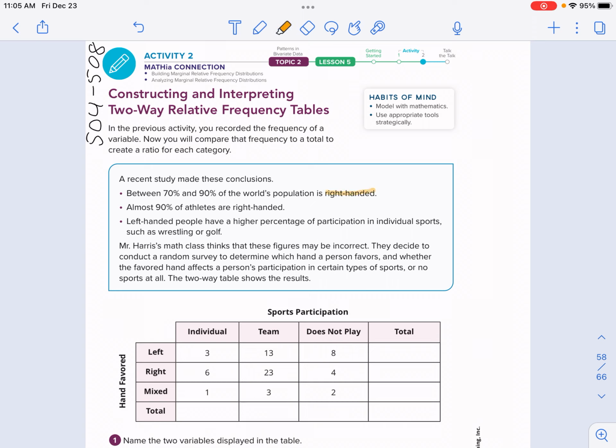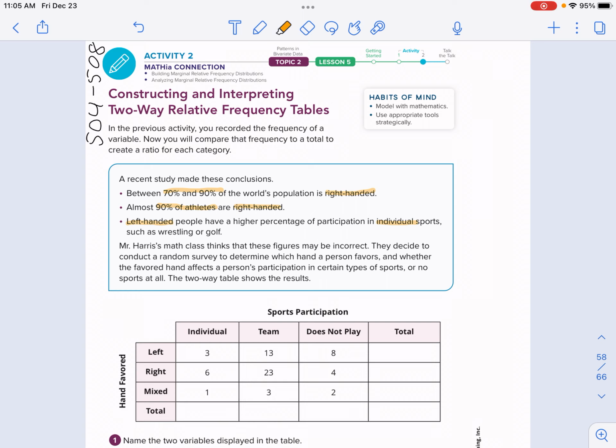Almost 90% of athletes are right-handed. And left-handed people have a higher percentage of participation in individual sports, such as wrestling or golf. So not team sports then.